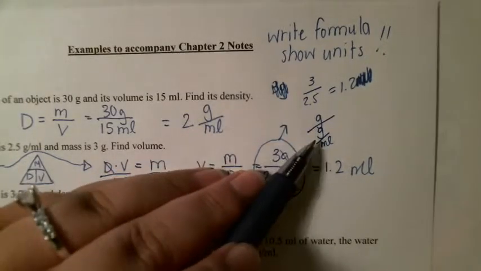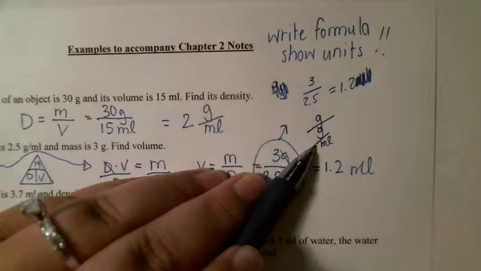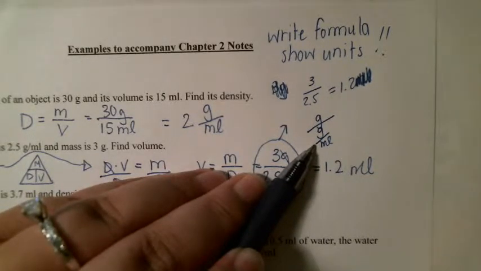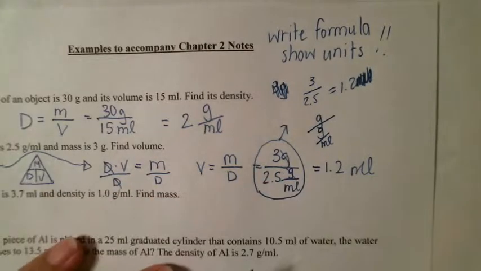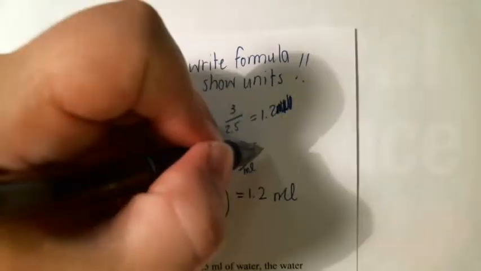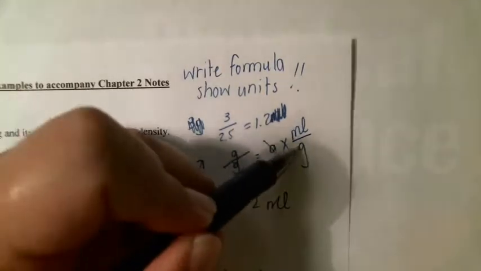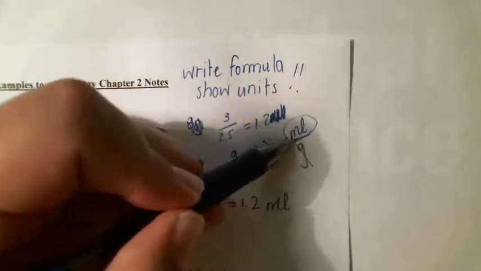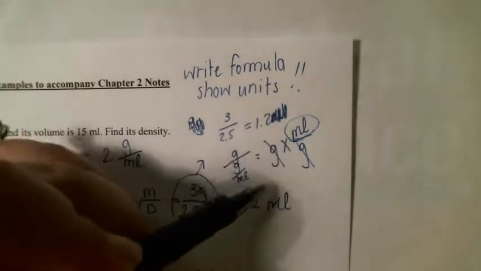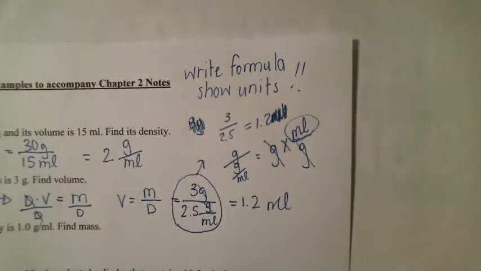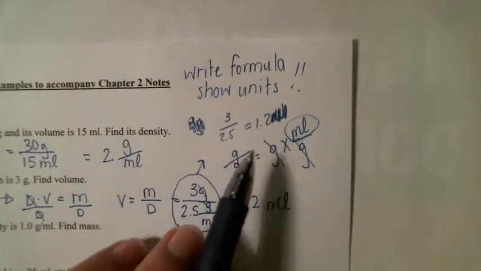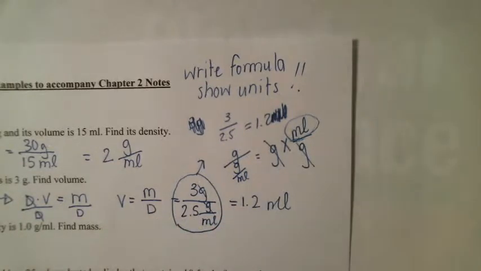Now, if we have something divided by a fraction, we can multiply by the reciprocal. Do you guys remember that from math? Okay. So this is the same as saying grams times milliliters over grams. Okay. Do you guys see that the grams cancel? And you are left with milliliters. Okay. This really gets into some dimensional analysis, which we will do after scientific notation. So it's important that you guys understand how to switch around your units.